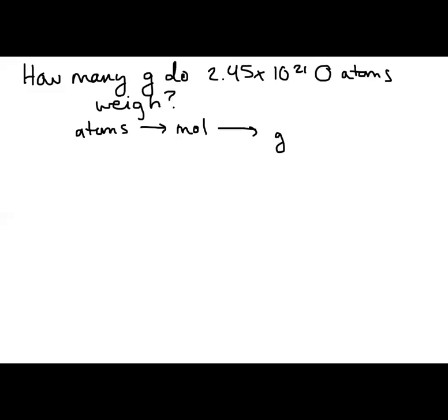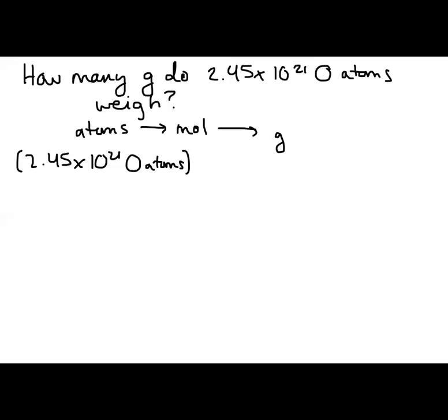So I'm going to start with 2.45 times 10 to the 21 oxygen atoms. How do I get to moles from atoms? 6.02, Avogadro's number.